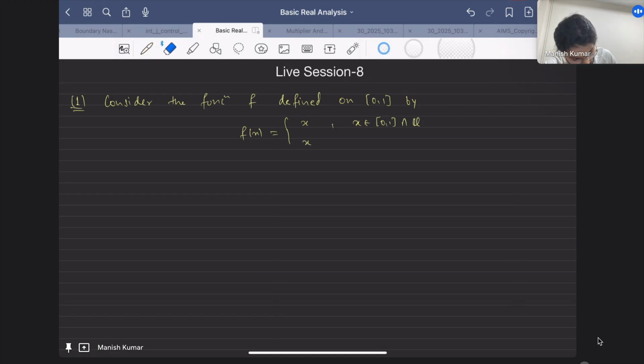I think I've written it wrong at first. So you have to check the integrability of f. Integrability means Riemann integrability.